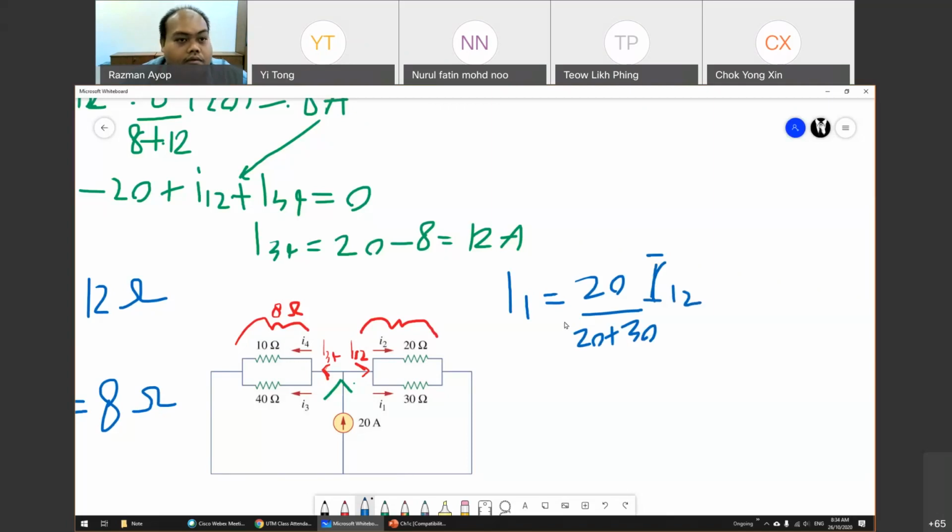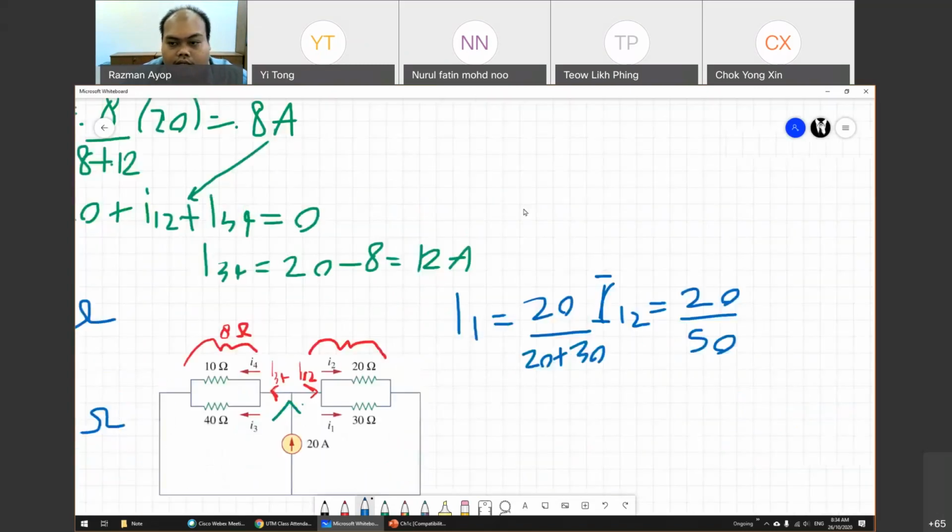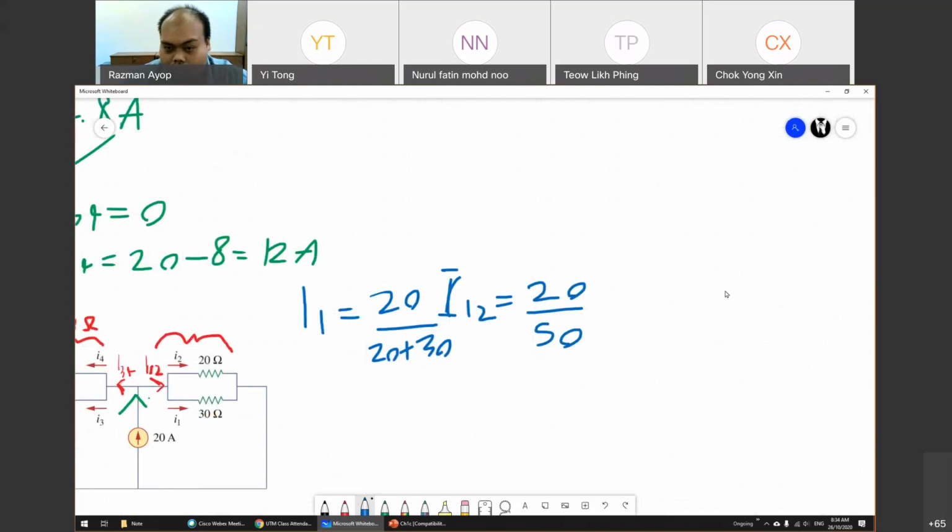So I12 you already calculated. So 20 divided by 50 multiplied by 8. So you get 3.2 ampere.